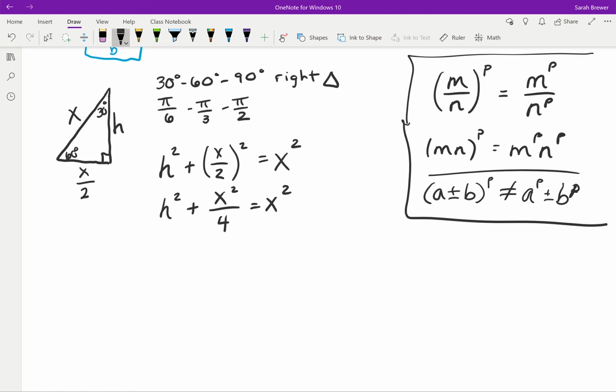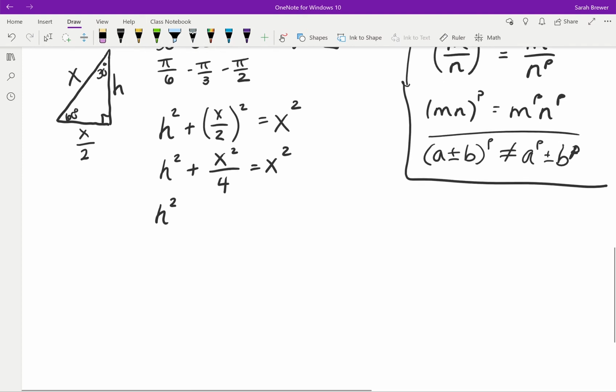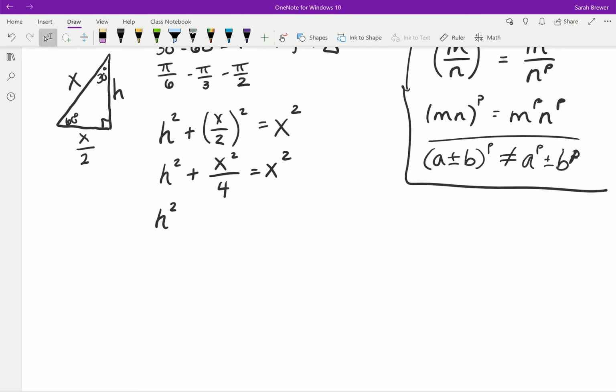Okay, so now I'm trying to write h in terms of x. If I'm trying to solve for a variable, I want to get that variable by itself. So first I want to isolate my term with the h. And so what I'm going to do, I'm not going to skip steps since it's the algebra a lot of you guys want to see.